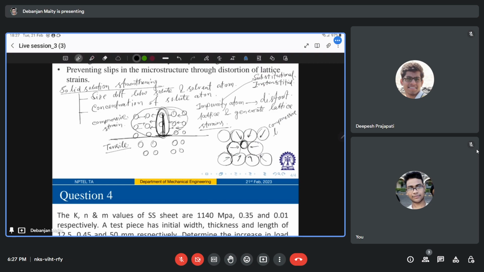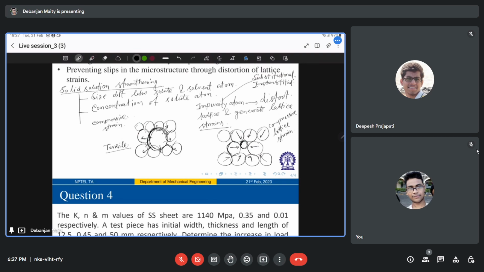Correct? And then of course, let's say you have bigger atoms over here. So whenever there will be bigger atoms over here, this bigger atom will try to push the things up, right?